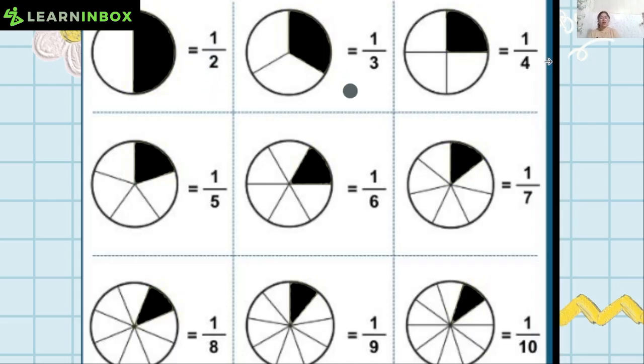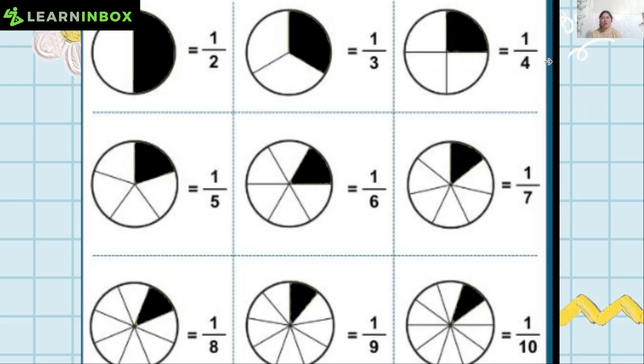Okay, now coming to the next picture, this whole circle has been divided into 3 parts. So 3 will be the denominator. And how much has been painted? 1 part. So 1 is the numerator. So 1 by 3 is the fraction which has been painted. If we talk about the third picture, this circle is divided into 4, that's why the denominator is 4, and only 1 part has been painted, so 1 is the numerator.